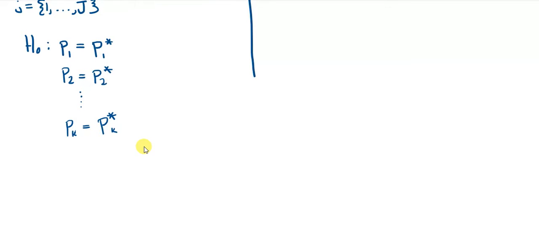And then the alternative hypothesis, HA, is otherwise. So one of these is significantly different from the hypothesized value.